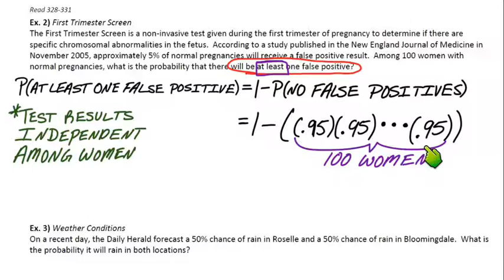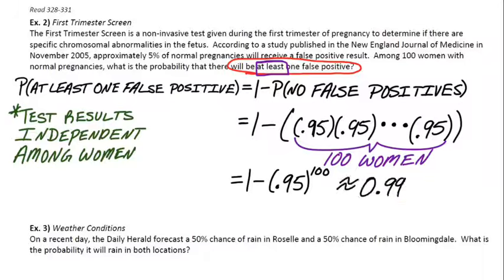Or the simple calculation with that is just replace this with 0.95 to the power of 100. So 1 minus 0.95 to the power of 100. So the complement rule, simple, effective way to calculate this probability, which is approximately 0.9941. That's the probability that there'll be at least one false positive.